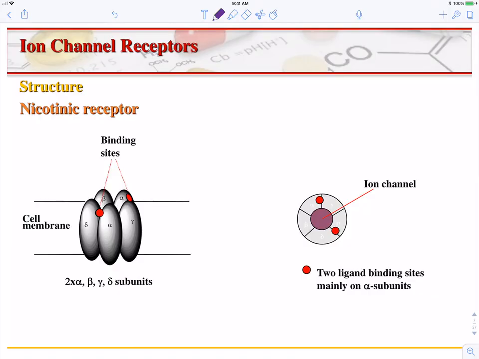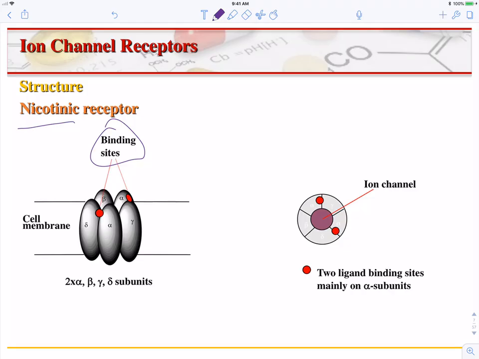The nicotinic receptor is formed by 5 transmembrane subunits, 2 of which bind to the neurotransmitter, which is basically acetylcholine, or also nicotine, which is obviously not endogenous.